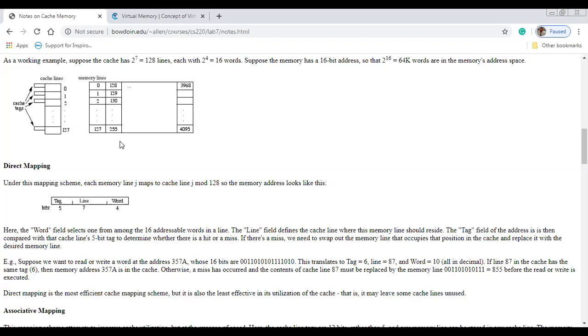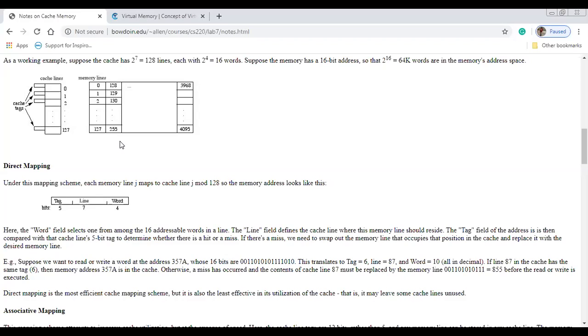I am calling it 64 kilobytes. The cache memory lines are 0 to 127, so a total of 128 lines, and the memory lines range over 64k, that means 0 to 65535. So here you have the memory lines and the cache lines.